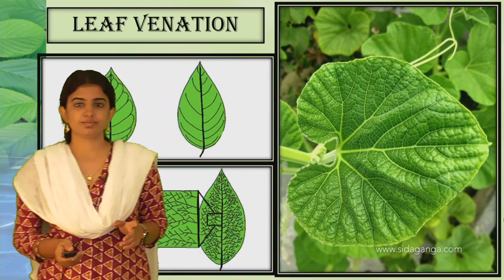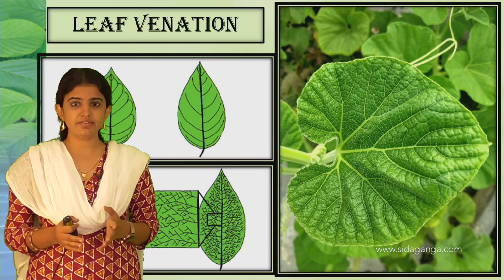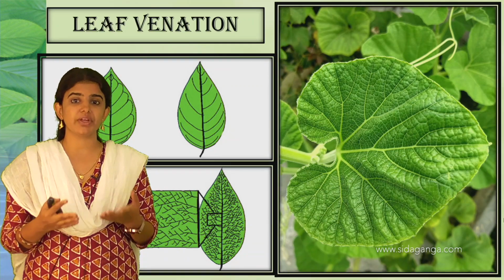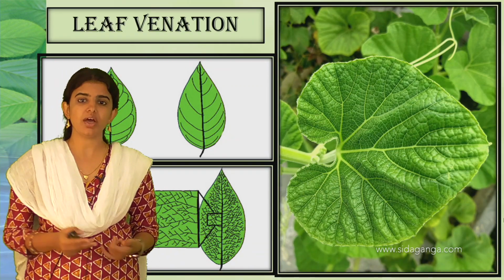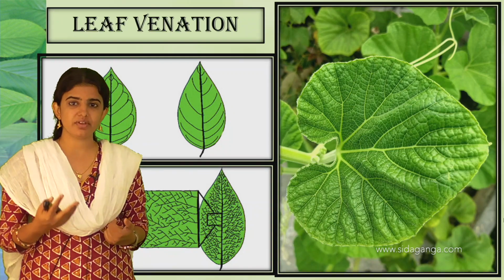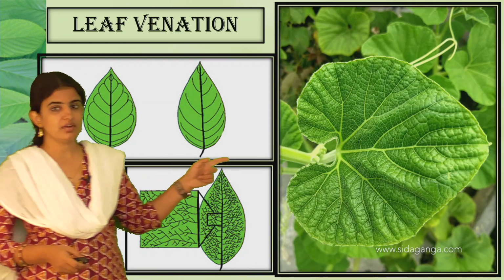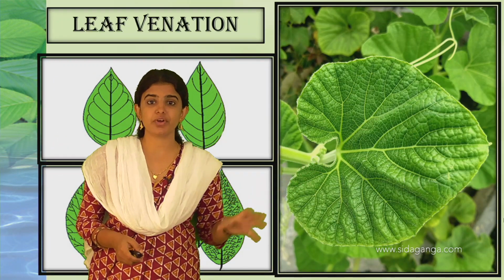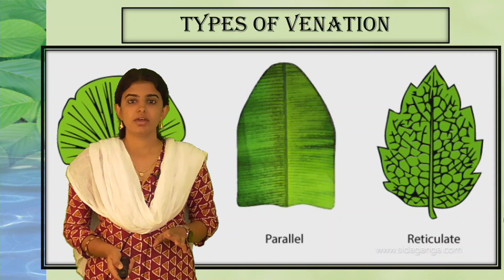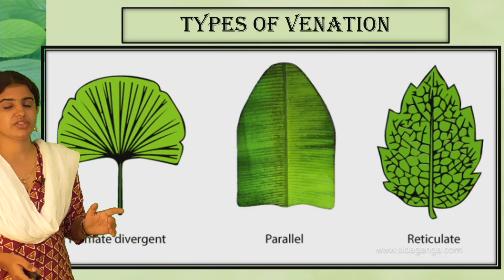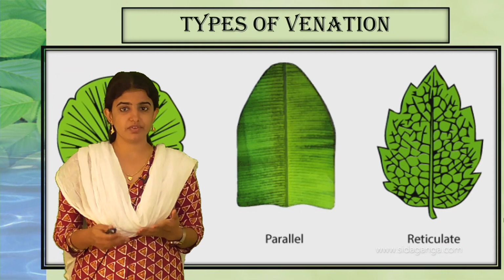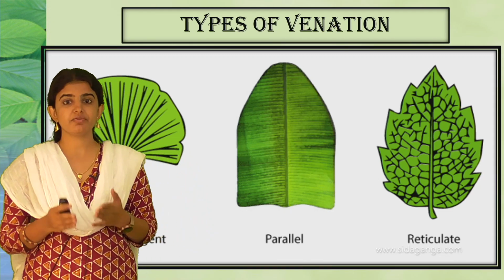See, leaf venation. In the leaf, the arrangement of the veins varies from one leaf to another. Most leaves have reticulate venation, where a network of veins is present. Venation is nothing but the arrangement of veins in a leaf.